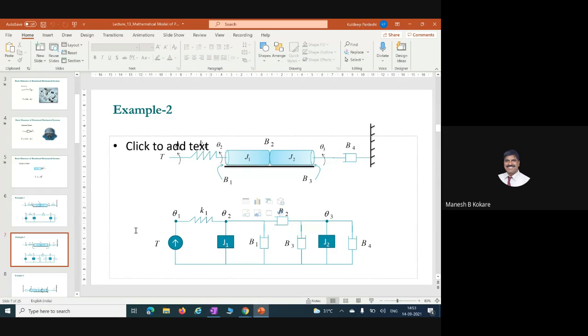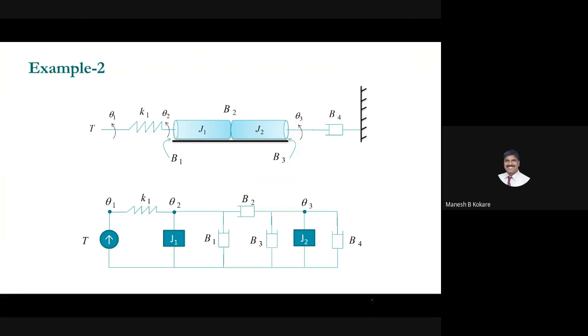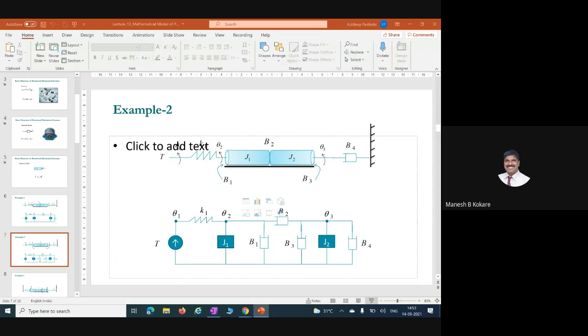At node 1, the incoming torque is T of t and the outgoing torque is this one. So what will be the equation at node 1? I'll just write it here.